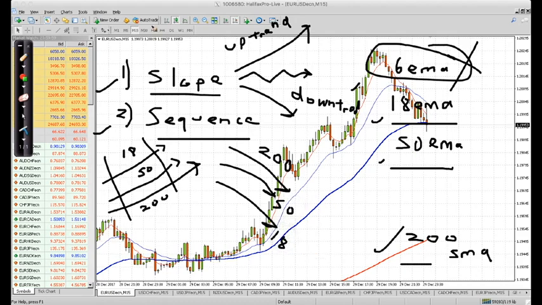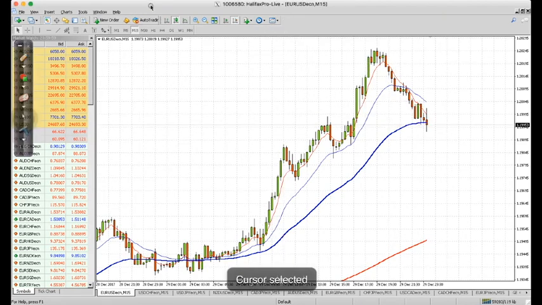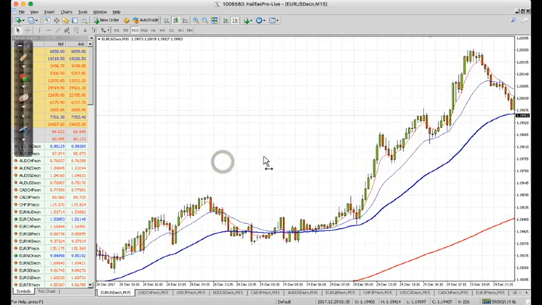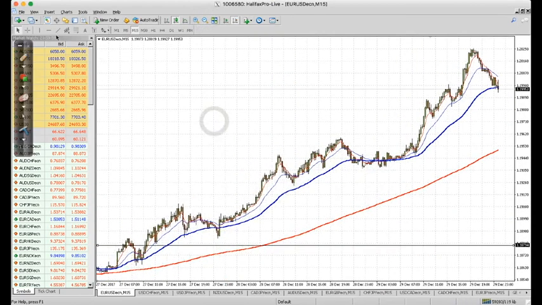So let's take a closer look at the charts to understand this concept. So I'm looking at the Euro USD 50-minute candles, and you can see during this part of the chart, we are in a very, very clear uptrend. Why am I confident we are on an uptrend?